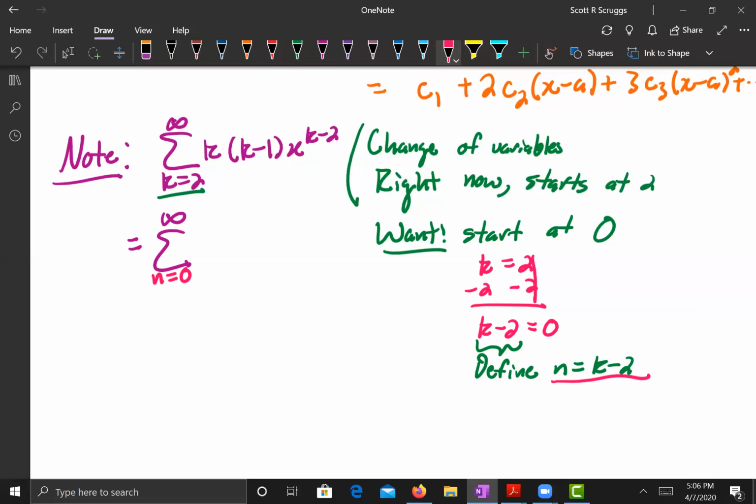So right now I see a k minus 1 and a k minus 2. Well, since k minus 2 equals n, I could change that exponent very quickly. But right now I have a k minus 1 and then a k. Well, if I define n to be k minus 2, then adding 1 to both sides gives me n plus 1.